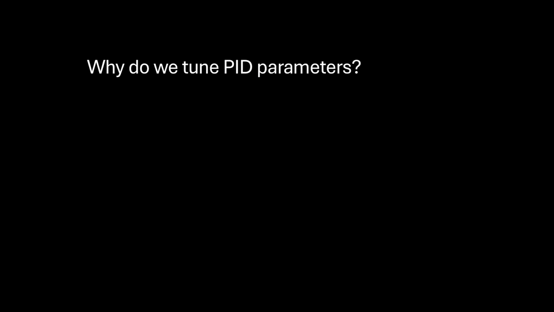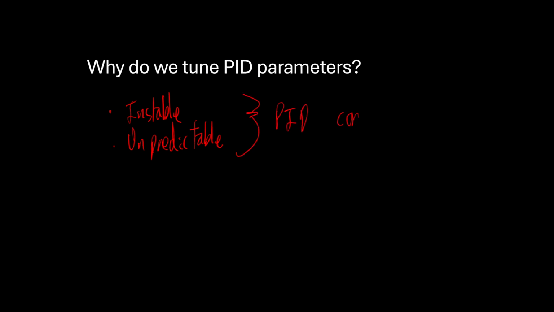Well, the main reason is if you turn a motor on with no controller, that motor is unstable. And the motor probably doesn't do what you want and is a little bit unpredictable. And PID corrects this.